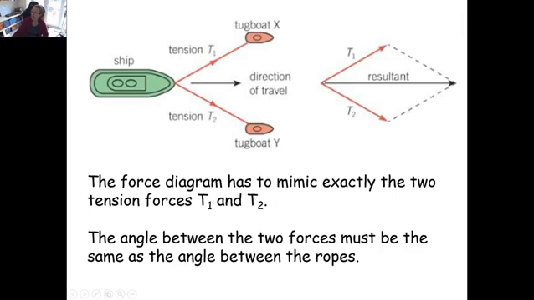So you can see you have made a parallelogram, and then your resultant force is at the starting point of the two vectors and the diagonally opposite point of your parallelogram. So this distance will give you the resultant vector and will show you how this ship is going to move.